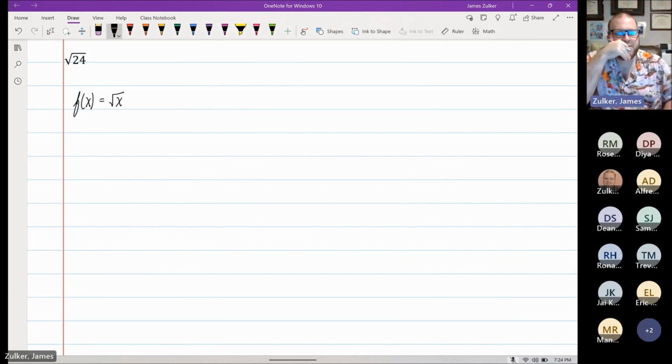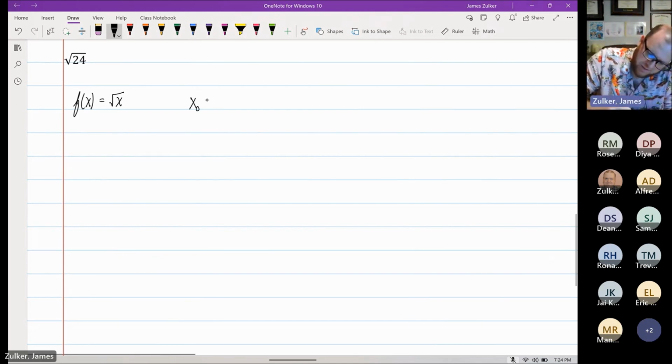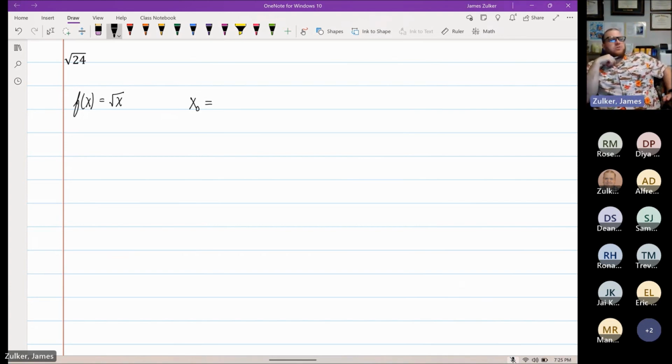Square root of x. We need to pick an x naught close to 24 whose square root we know.